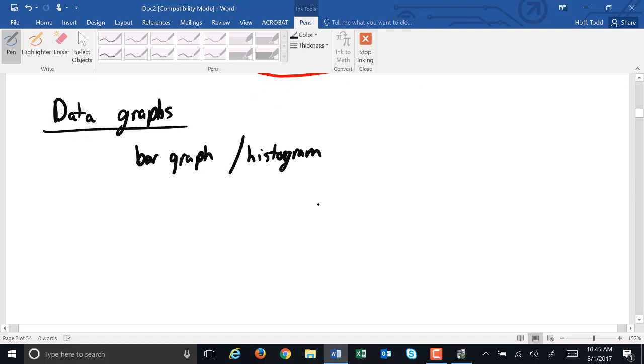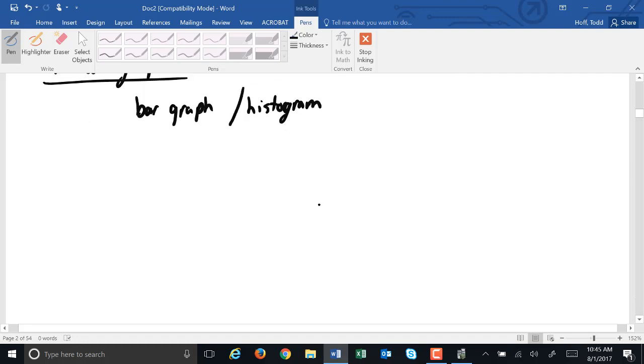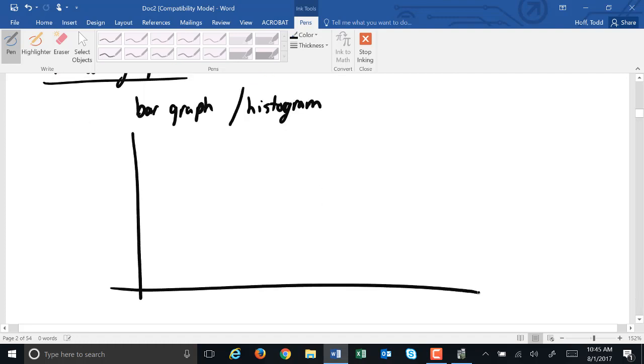The difference between a bar graph and a histogram is on a bar graph you have labels here, and on a histogram you have number ranges. Like you might have 20 to 24, 25 to 29, and so on. That would be a histogram if it's got the numbers down there rather than labels.